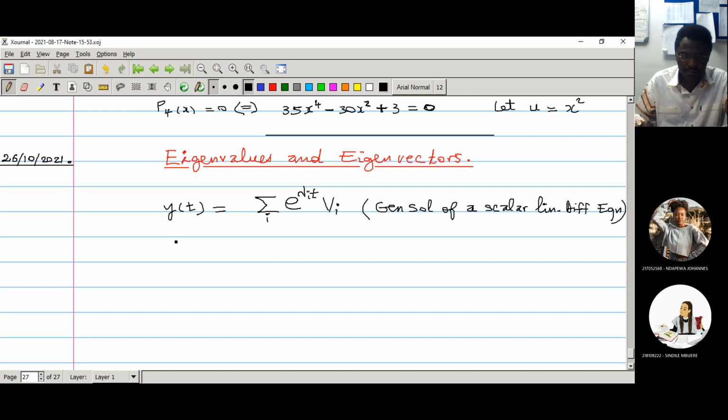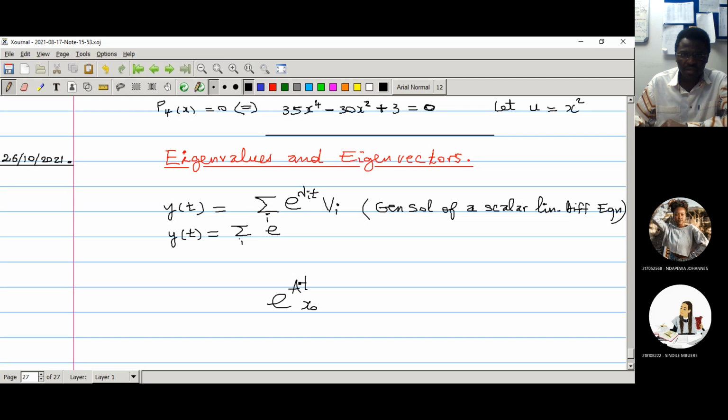Now, if you have a system, the solution will be of a similar form, but this time you have the exponential of a matrix, times a certain initial vector.